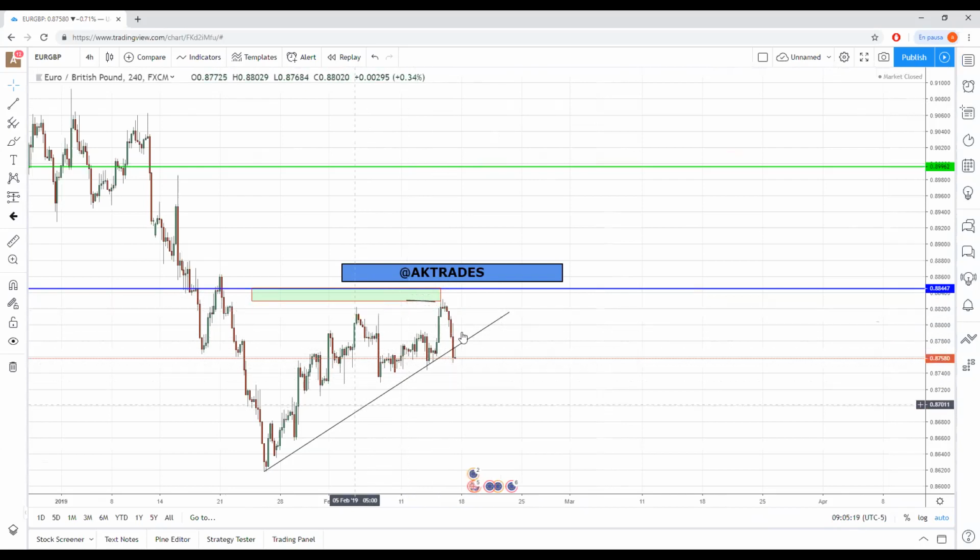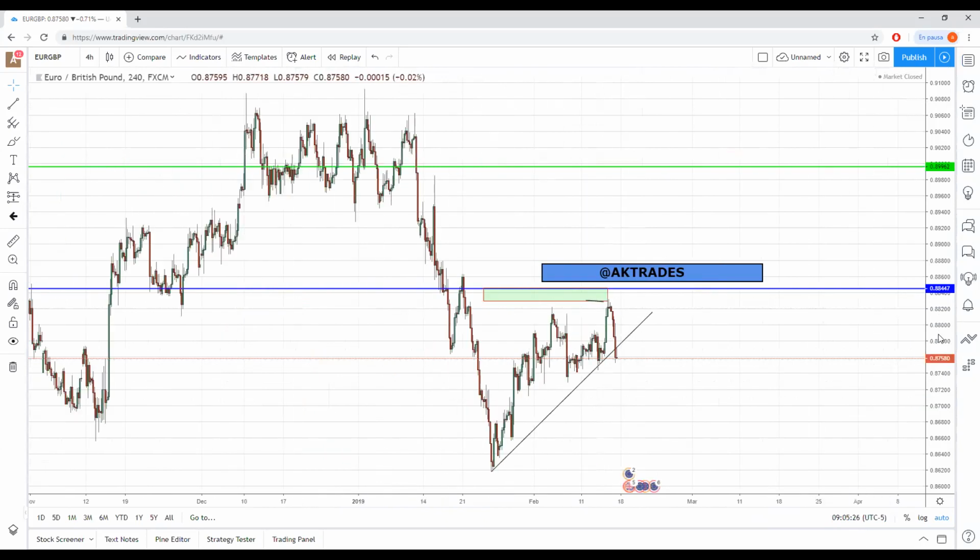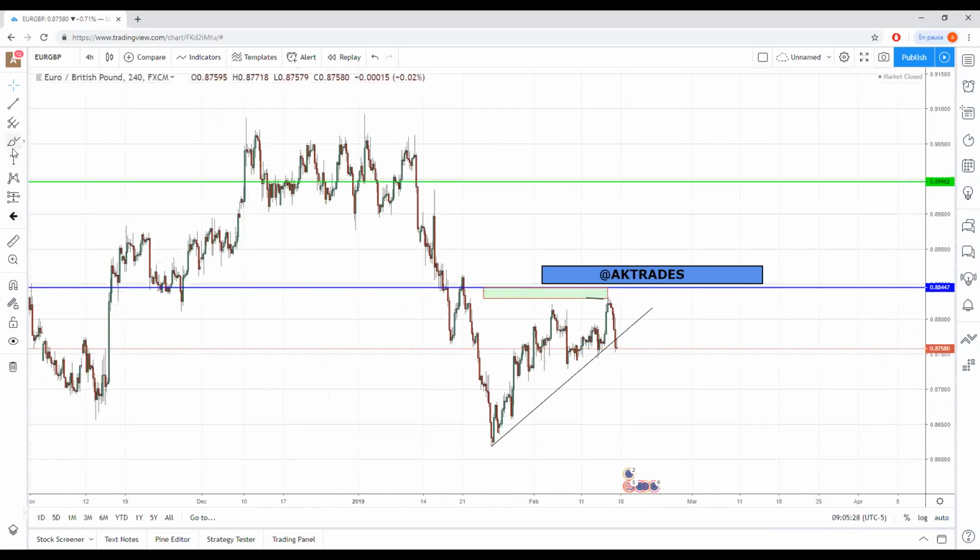So if you did not get in with our idea last week, how can you get in now? I think you still can get in if you see prices retrace to this trend line and start accepting price around here, and look for some weakness before entering this trade, with the first target around 0.8624. So be on the lookout for prices accepting below this trend line.